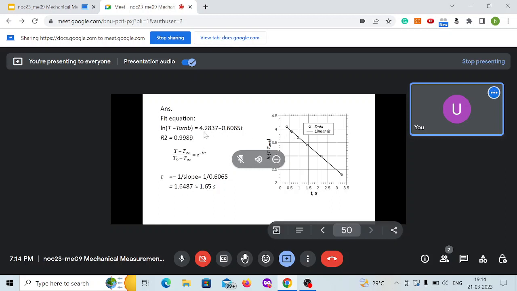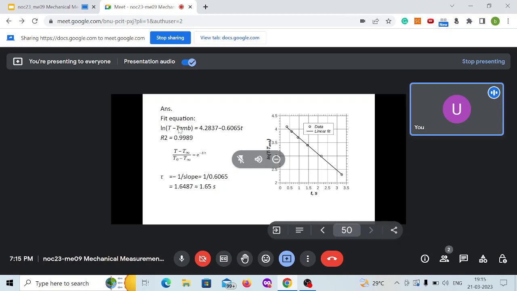So we have 4.2837 and minus 0.6065. If we have the relation t minus t infinity by t naught minus t infinity equals e raised to the power minus t by tau, and you take a logarithm of this, we will get ln of t minus t infinity. T infinity is ambient, so ln of t minus t ambient, minus ln of t naught minus t infinity.